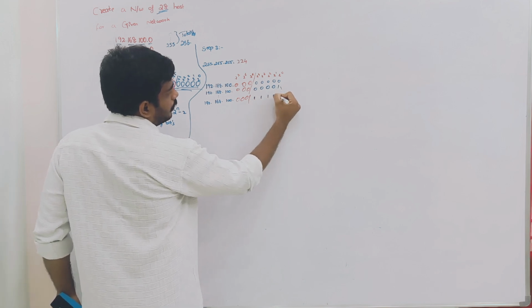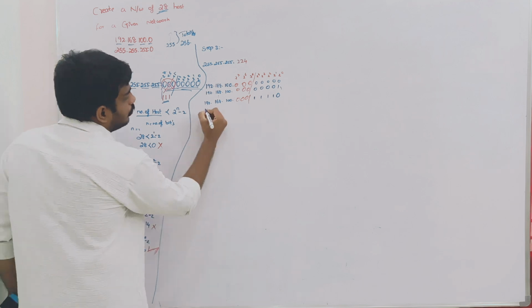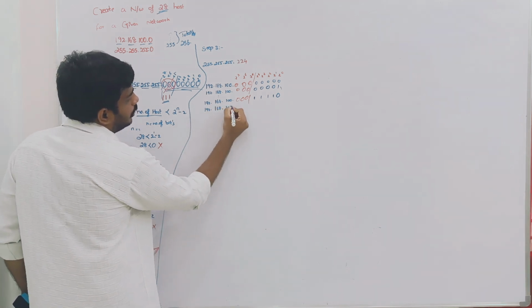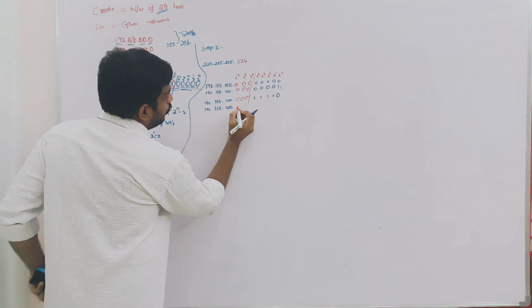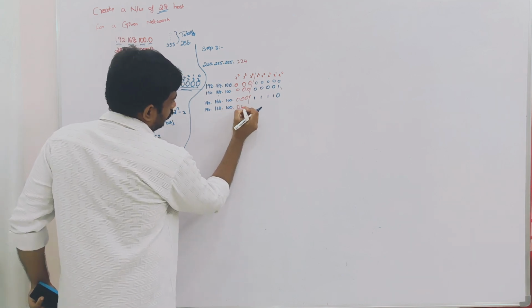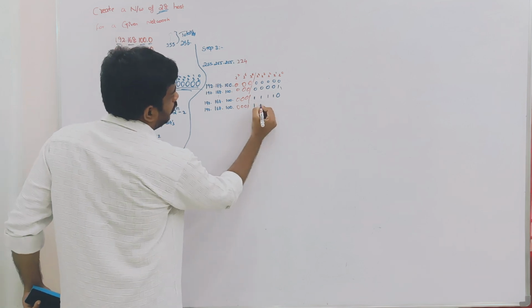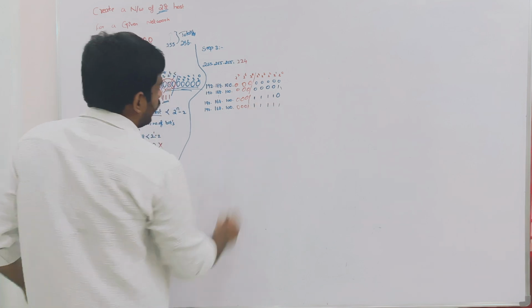Now this 1 will be turned into 0. Now 192.168.100 dot, you make it 0 0 0. Now you make everything 1 1 1 1 1.